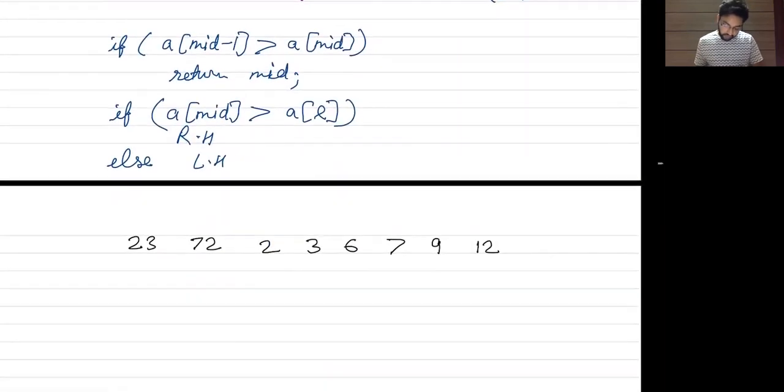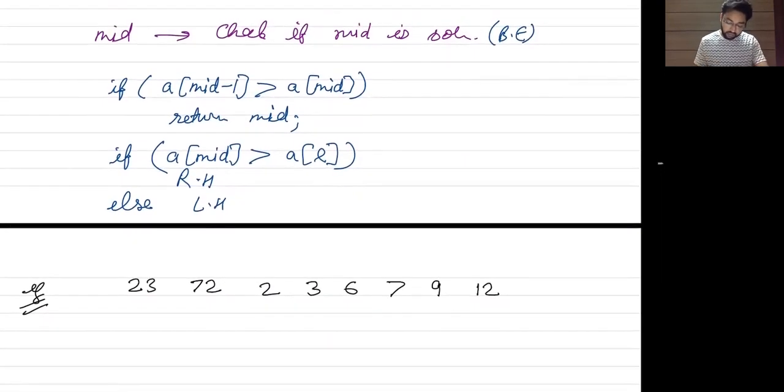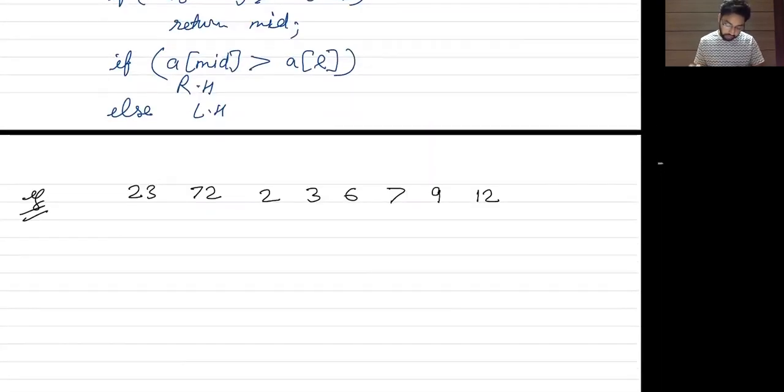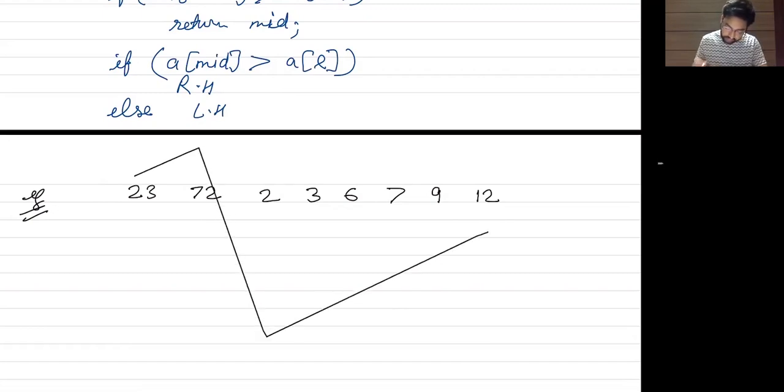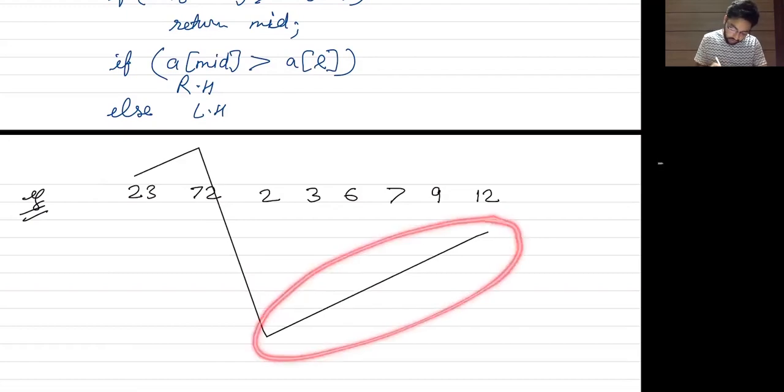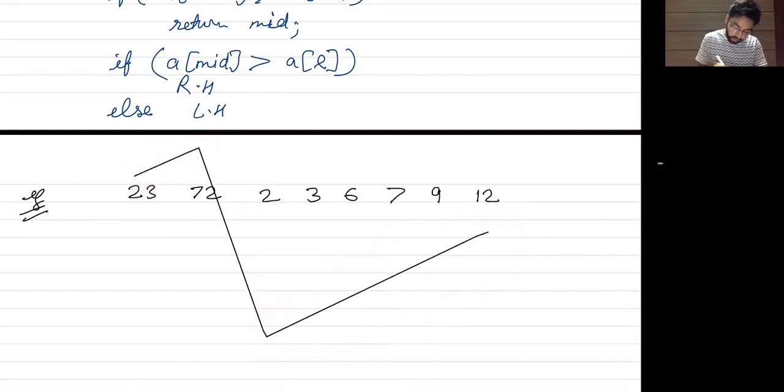So let me take another example, and I'll just dry run this whole algorithm on this example again. So as you can see, this is a rotated sorted array. So the elements increase and then there is a fall, and then these elements increase again, and all the after fall elements are lesser than before fall elements.